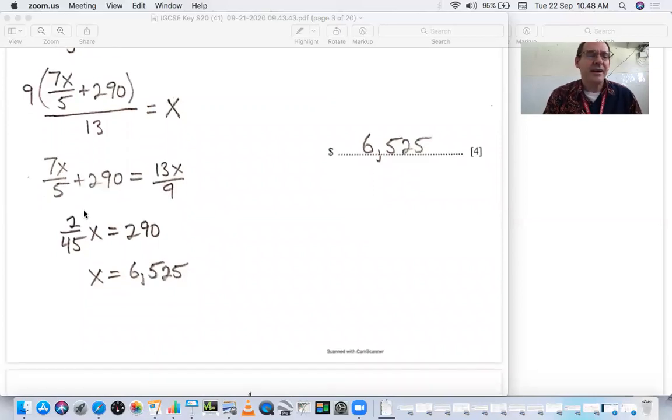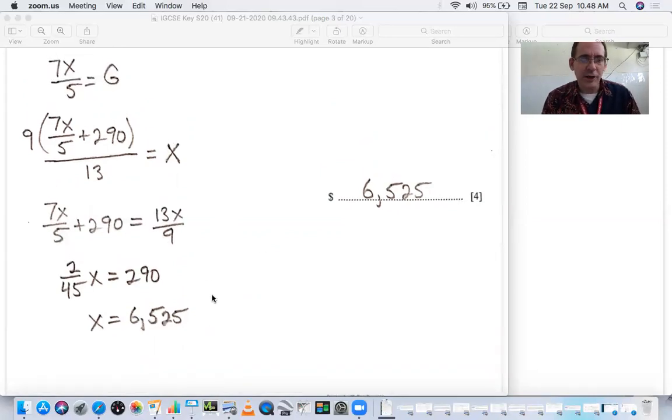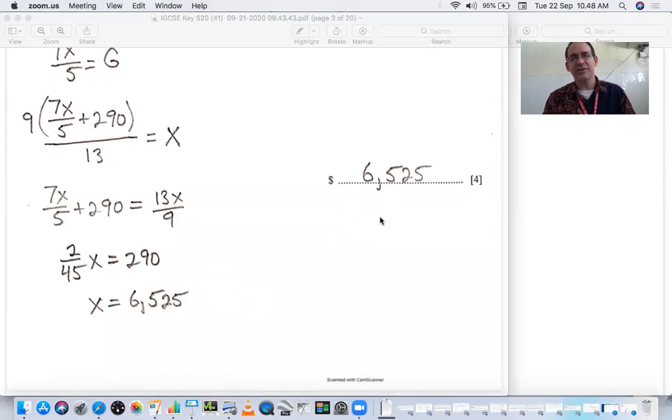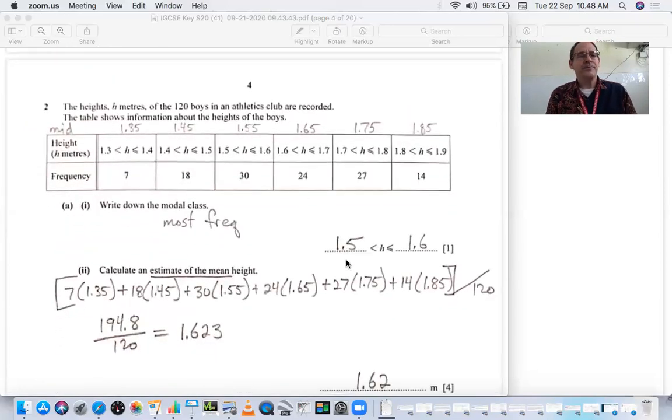Now we combine our 7/5 X, subtract it from our 13/9 X, so 13X over 9 minus 7X over 5 is 2/45 X equals the 290. Divide by the 2/45, and that gives us the amount Arjun paid either year: $6,525.